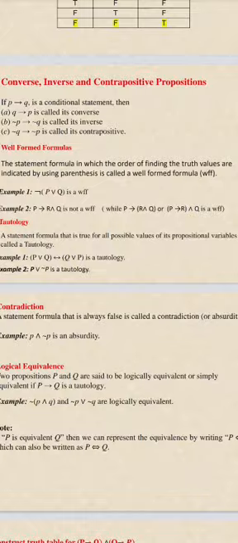Example 1: negation of (P or Q) uses parentheses, so it is a well-formed formula. Example 2: P implies R and Q does not use parentheses, so this proposition is not a well-formed formula.